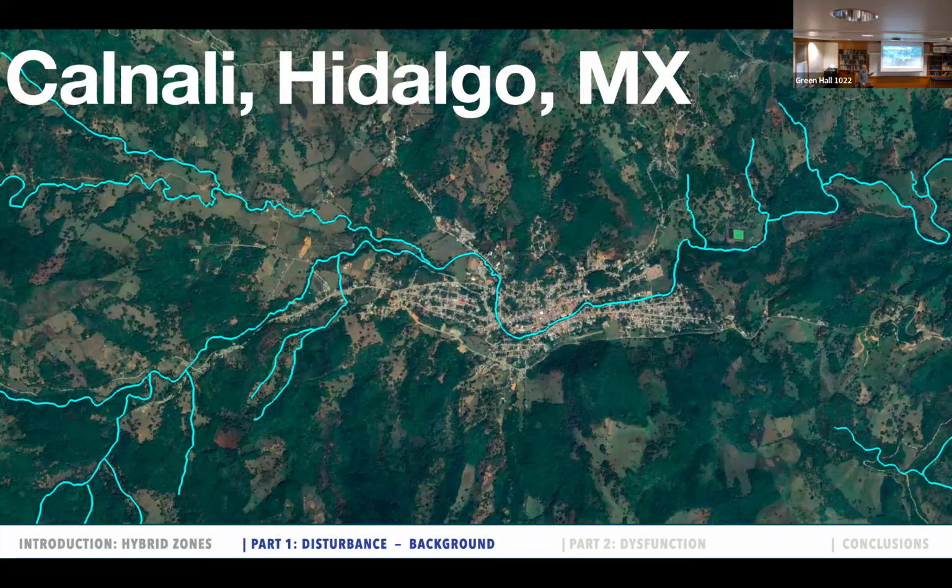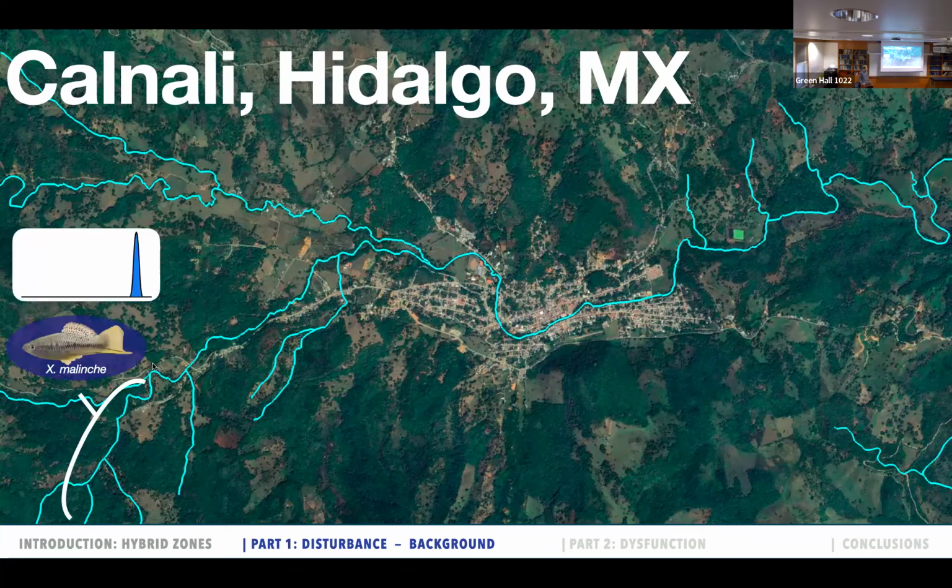The inspiration for this particular study was in the town of Kaunali, which is kind of the municipal seat for the area. It's about 3,000 people and it's an agrarian landscape. And we see this really cool pattern. We had preliminary evidence going upstream to downstream along the Kaunali River. In the upstream headwaters, we see pure-ish Xiphophorus malinche.